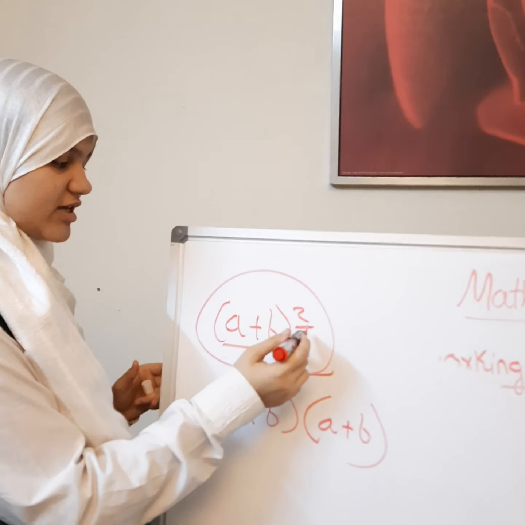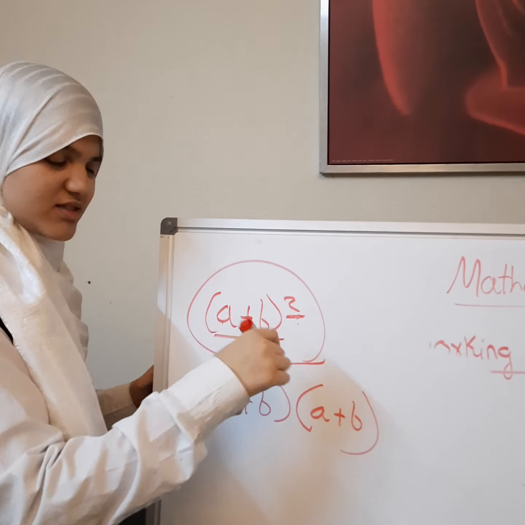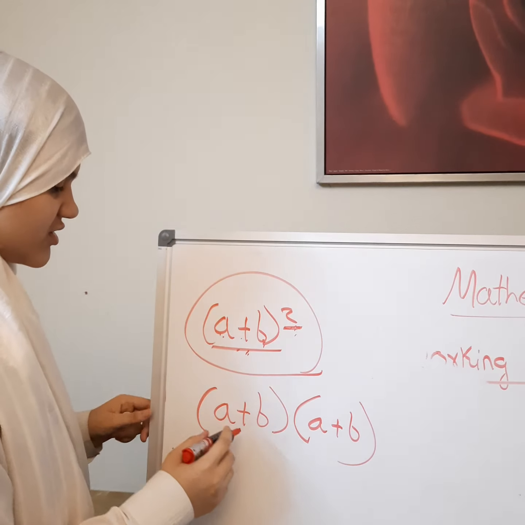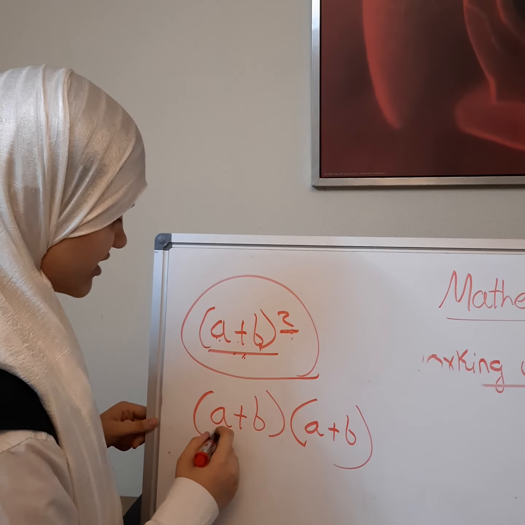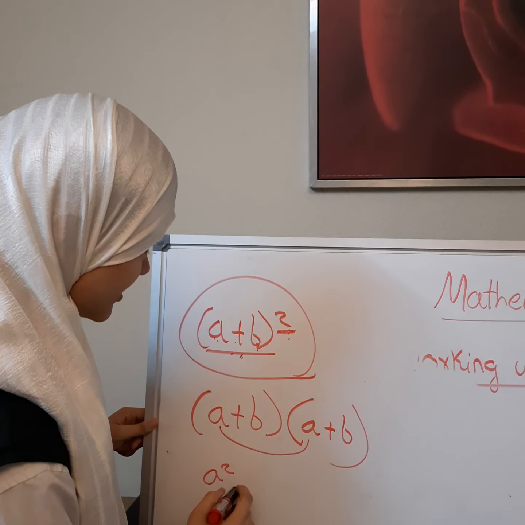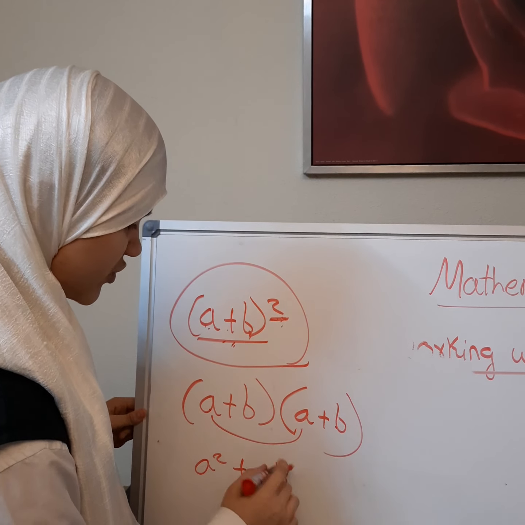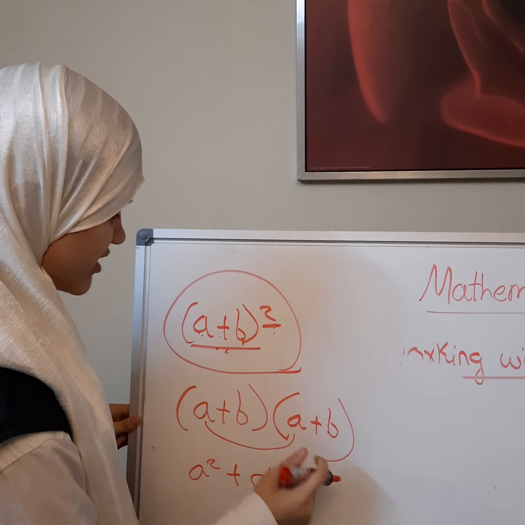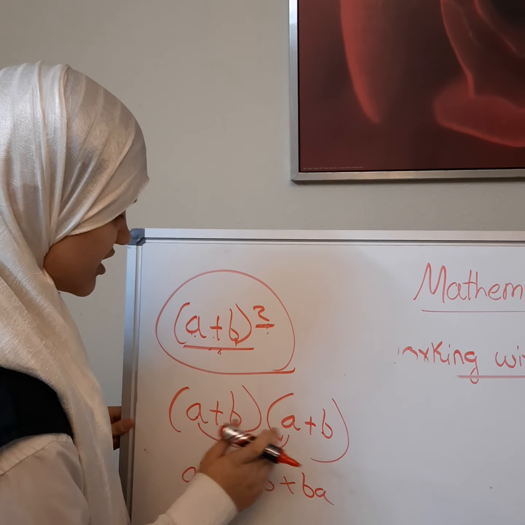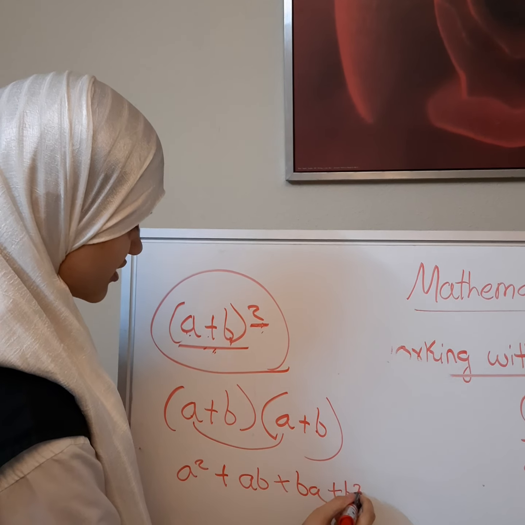Okay, the squaring. That means (A + B) times (A + B). Let's do it here in the variables. A times A is equal to A squared, plus A times B is equal to AB. Okay. B times A is equal to BA. B times B is equal to B squared.